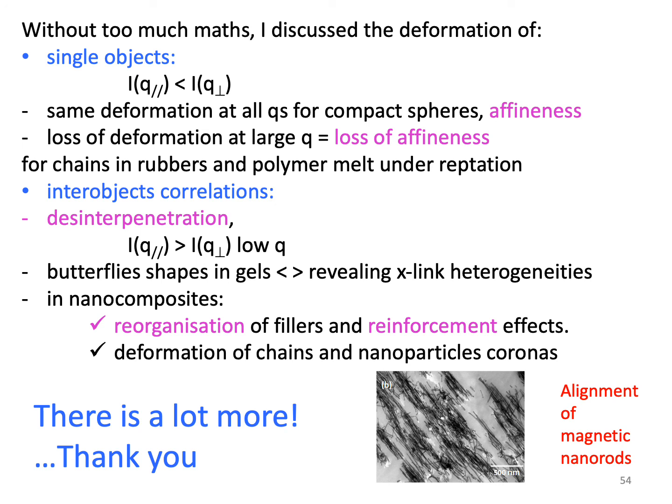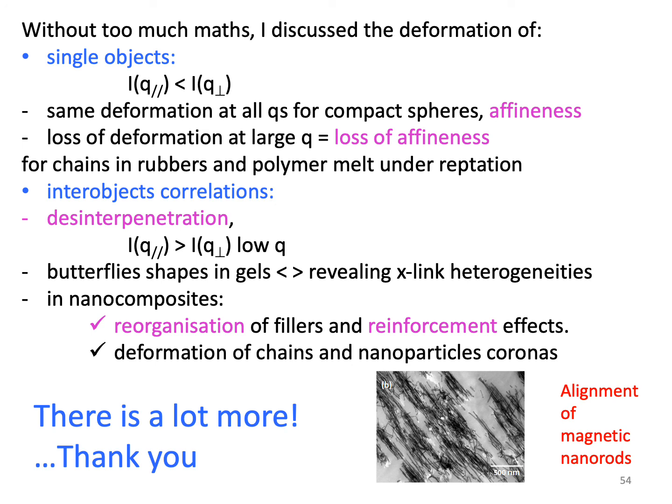I have discussed the inter-object correlation, the disinterpenetration effect associated to stretching, which inverts the relation between the parallel and the perpendicular direction, the parallel becoming larger at low Q. I discussed the butterfly shapes in gels, revealing cross-link intensity heterogeneities.